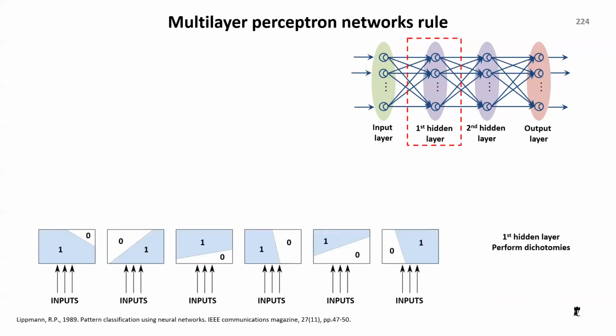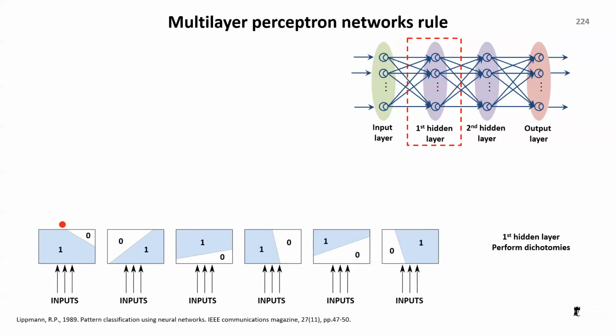Okay, now let's see it in concrete. The first hidden layer. In this case, we just have two-dimensional input, but how many regions?